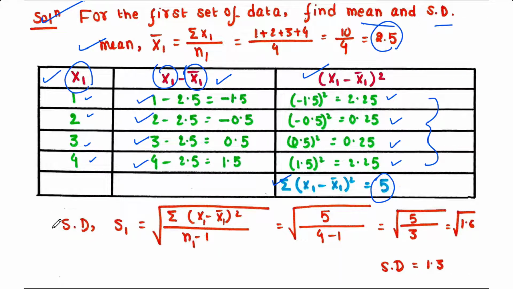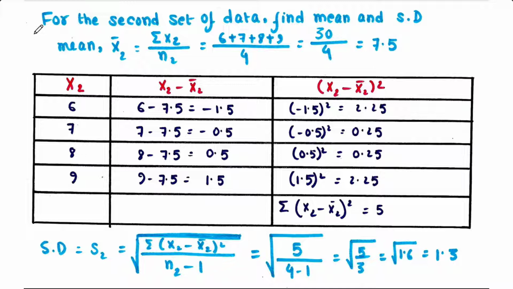Now we will calculate the standard deviation or S1 for the first set. So we know the formula now. So the standard deviation for the first set of data is 1.3. We will do the same thing for the second set of data. So we get here the standard deviation is 1.3.